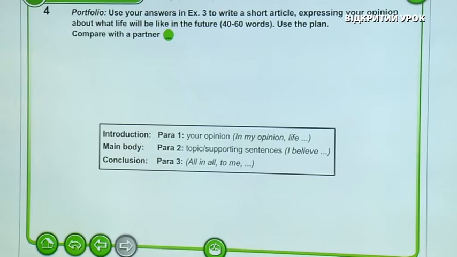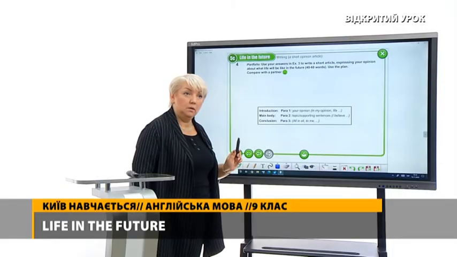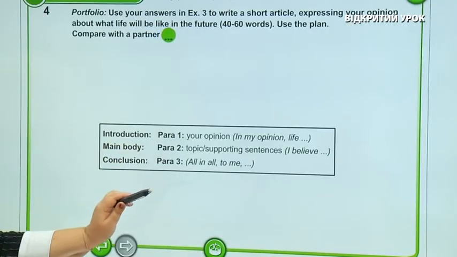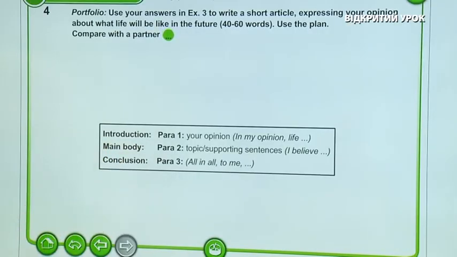In paragraph 1, in introduction, you state your opinion. It's a main question, main statement with your opinion. In my opinion, life will be, and your opinion.